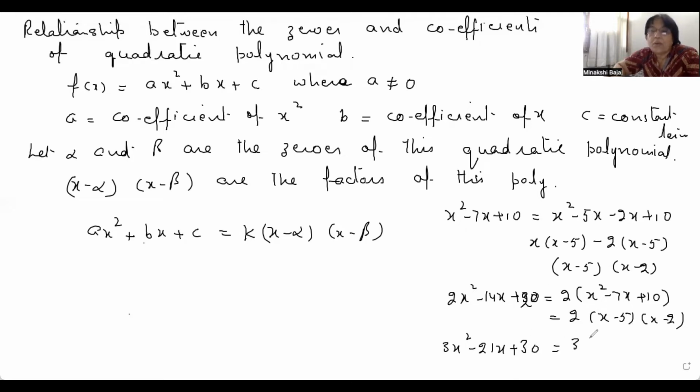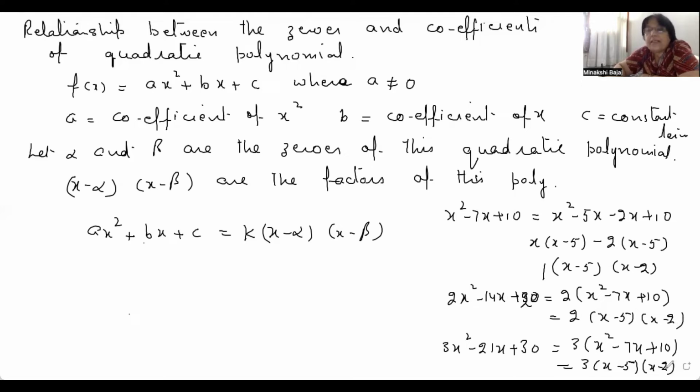So take 3 common: x square minus 7x plus 10. Again, its factors are x minus 5, x minus 2. So here k is 1. x minus 5, x minus 2 are the factors of this polynomial.